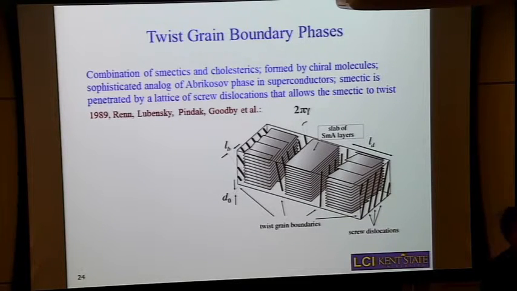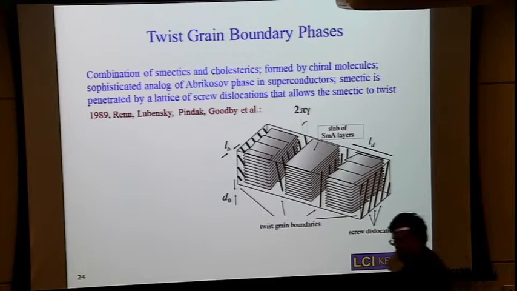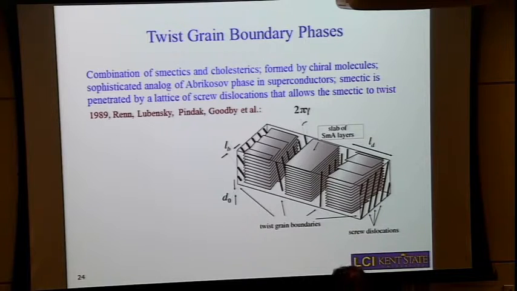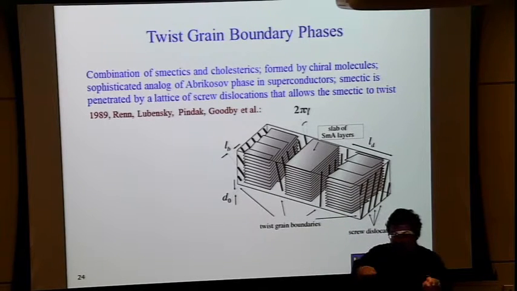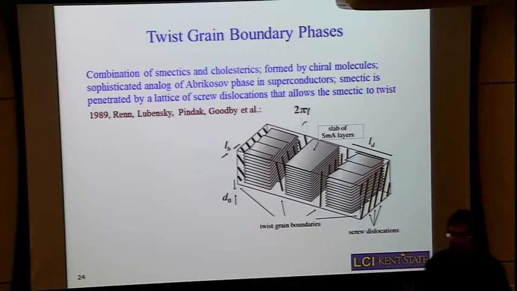There are even more sophisticated things, especially when the molecules are chiral. Imagine that the molecule is chiral but still wants to form a smectic. So that would mean that at some point the structure would like to twist. But if you take a notebook, something like that, and if you try to twist it, you would realize that it's very hard to do because the pages would like to be parallel to each other and would like to keep their thickness, their equidistance.